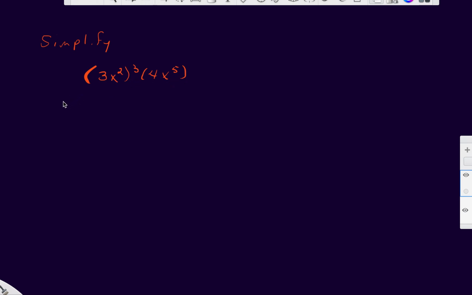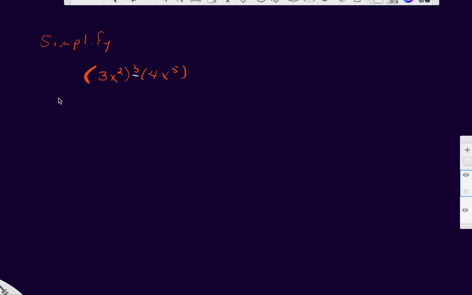And I don't want you to freak out or anything. We're going to use order of operations, so we're going to have to, unfortunately, worry about this exponent out here outside the parentheses first. So we're going to evaluate this exponent.